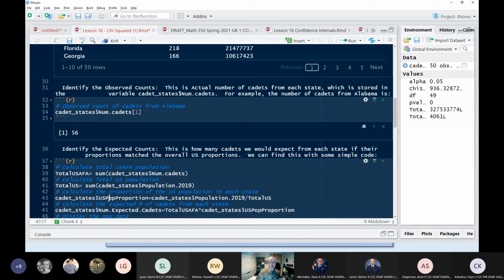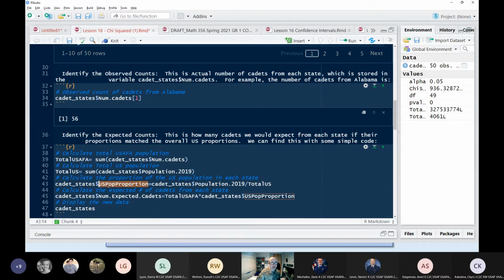And so I'm going to create a new variable called US pop proportion, and I'm going to say that is equal to the population of that state divided by the total U.S. population. And so that'll give me basically a percentage or a proportion for each state of what proportion of the U.S. that state represents.